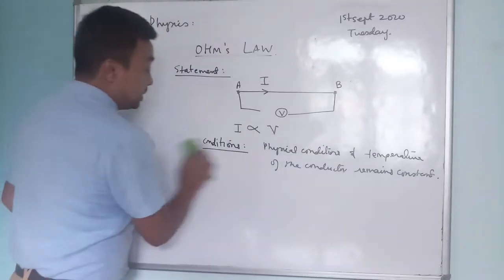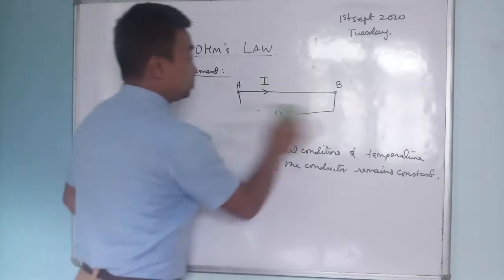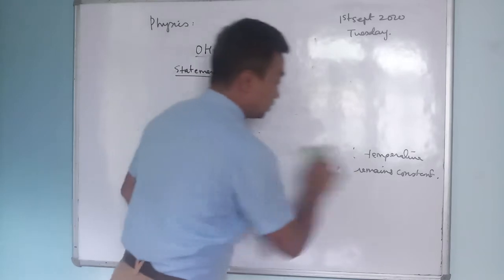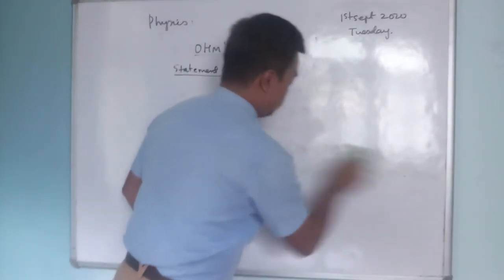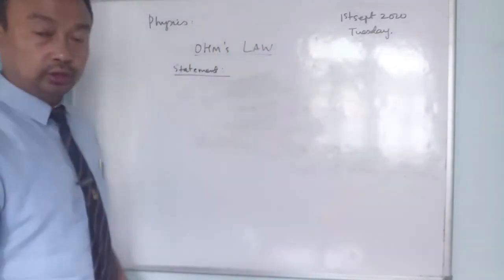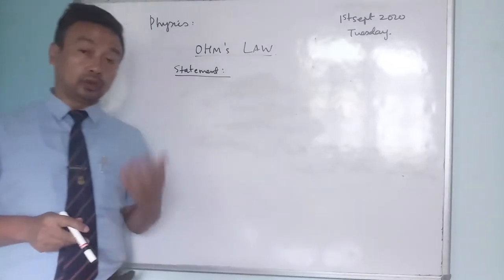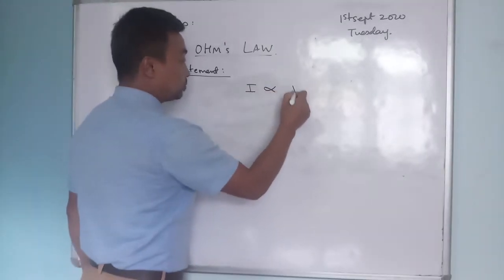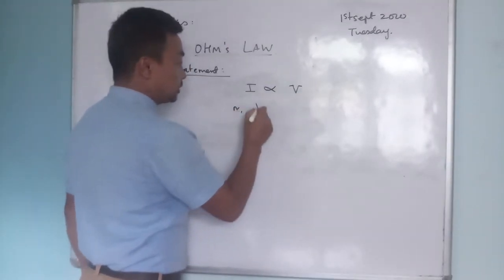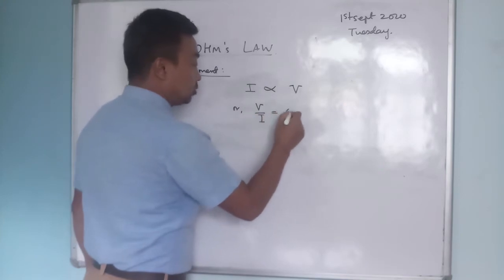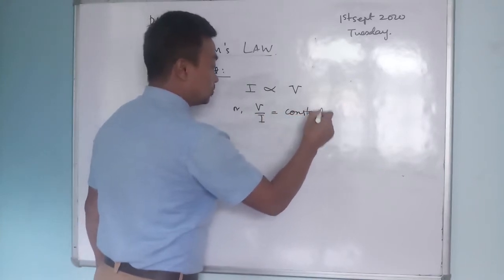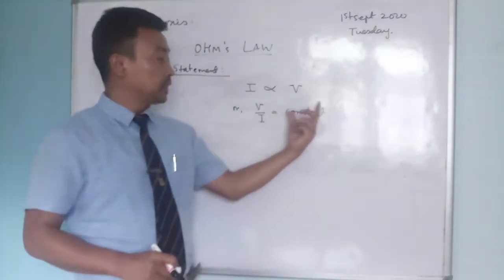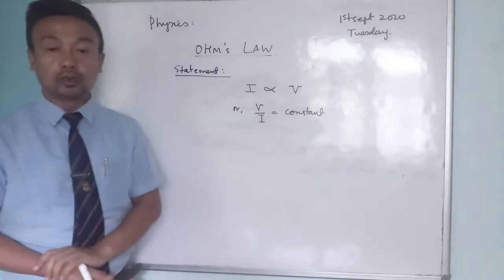Okay, now let us derive. Let us come to the last term that we were studying in the previous class, resistance. Resistance was the obstruction offered to the flow of current. Now we have just learned from Ohm's law, or we can also write this as V upon I equals a constant. The directly proportional sign is converted into equal to, and it is replaced with a constant.